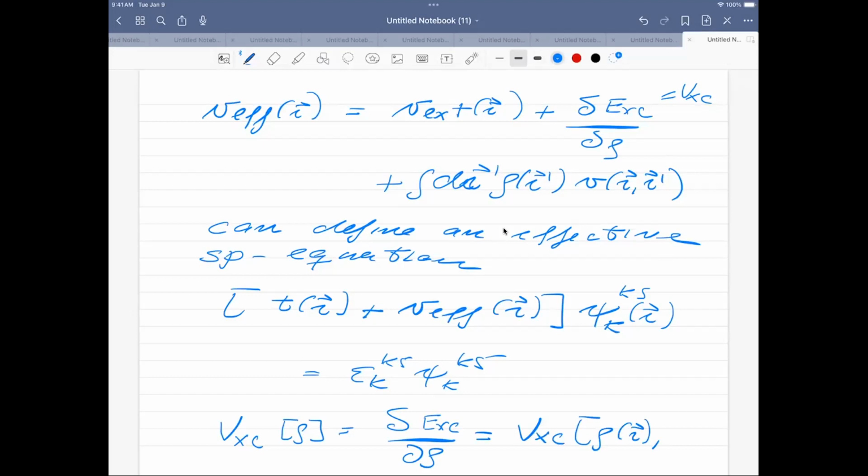But then if I think of variations of the density at a given point R, we know that the exchange energy and the exchange potential depend at a given point R not only on the value of the density, but also on variations of the density.